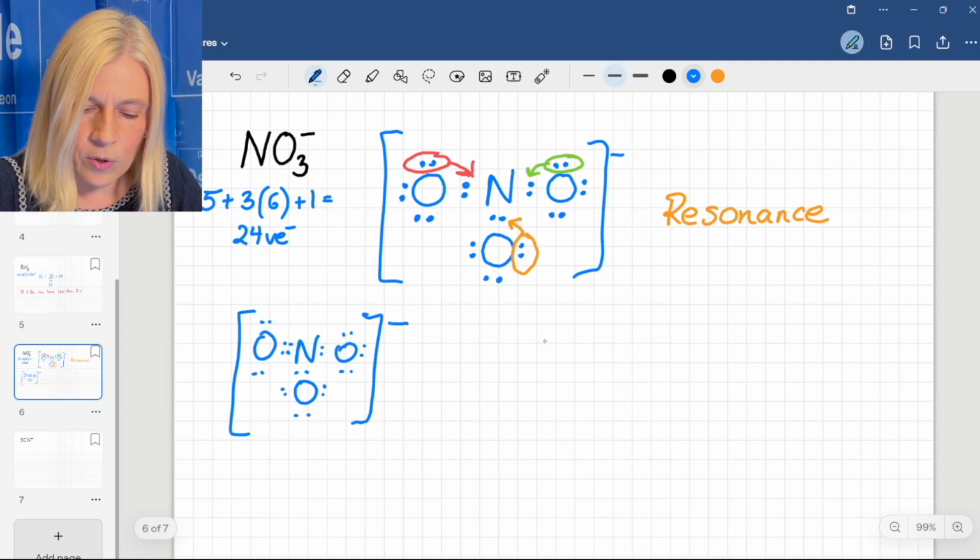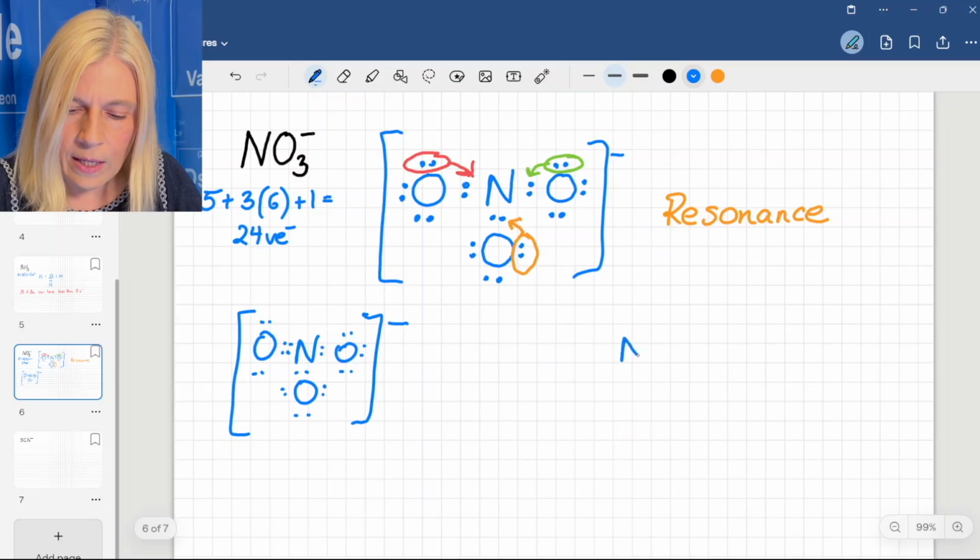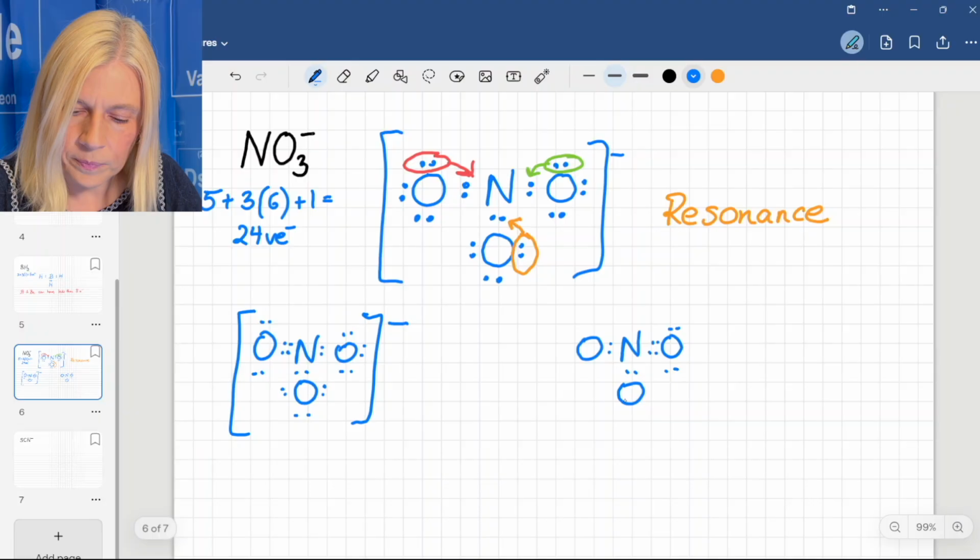Our choice number 2 was right here, to do a double bond on this oxygen right here. And these guys have their octets right here. That was choice number 2.